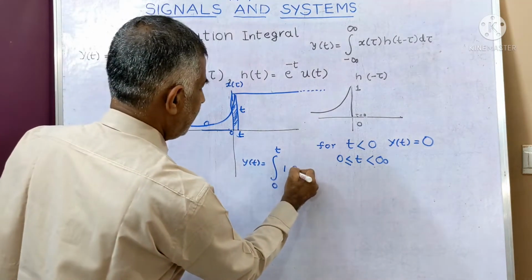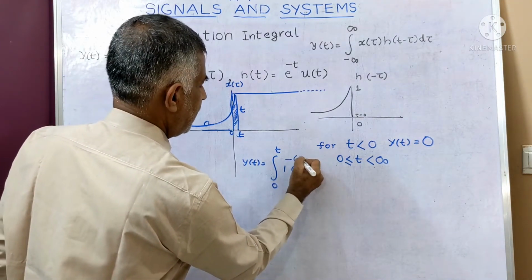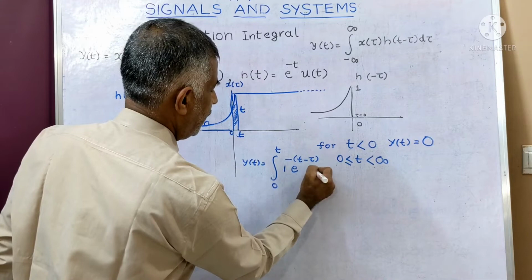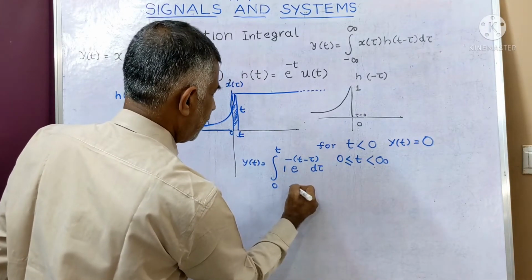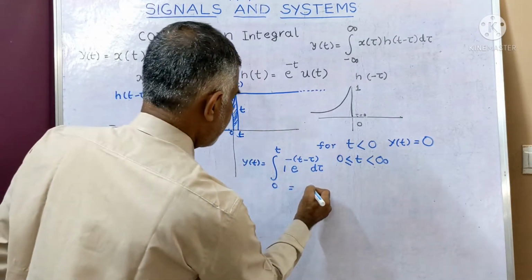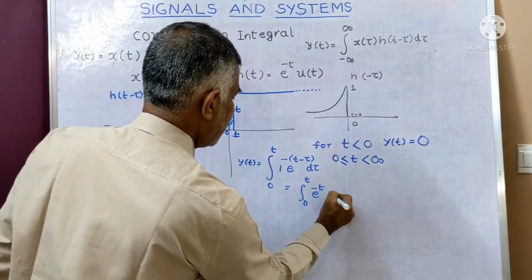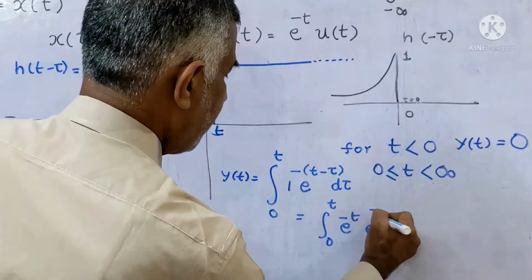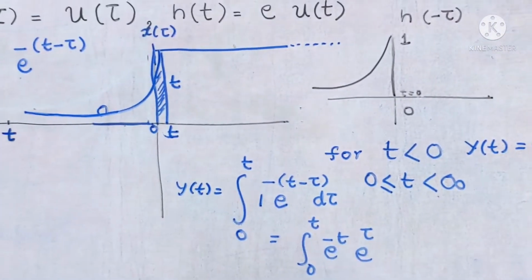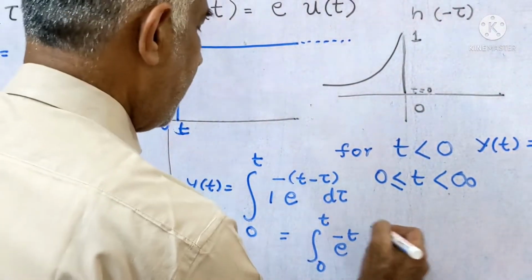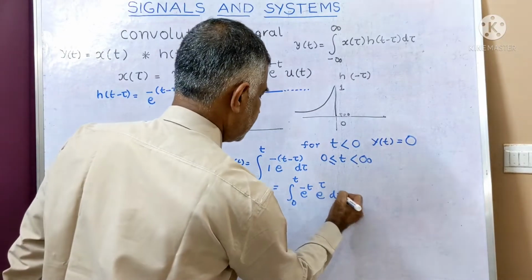Here you write e power minus t minus tau d tau, integration 0 to t of e power minus t times e power tau d tau.